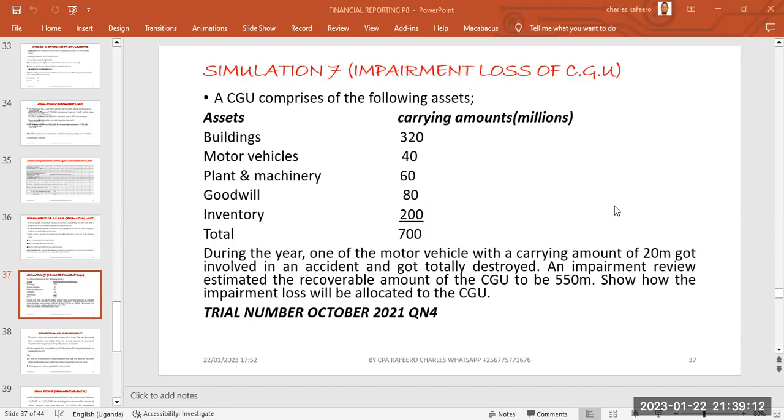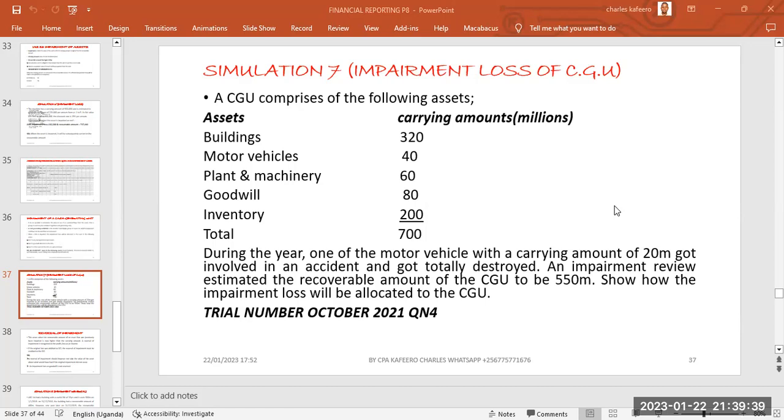Then the other thing that you will find at advanced financial reporting are the non-current assets that are sold in the normal course of business. Then we have financial instruments, and even assets arising from employee benefits.